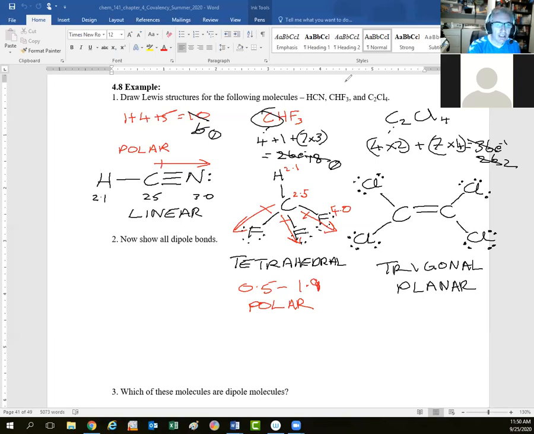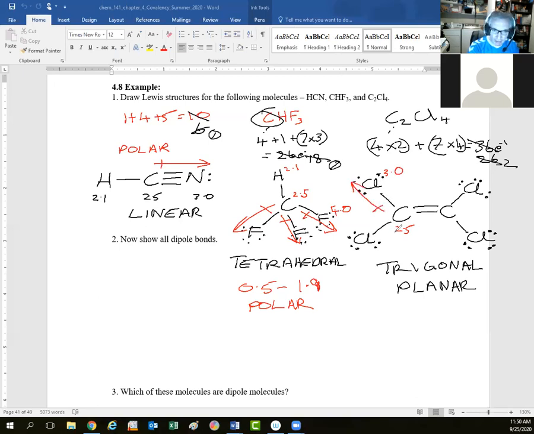Looking at the polarity of the chemical bonds, carbon is 2.5, chlorine is 3.0. That is significant, that's enough for the bond to be polar.